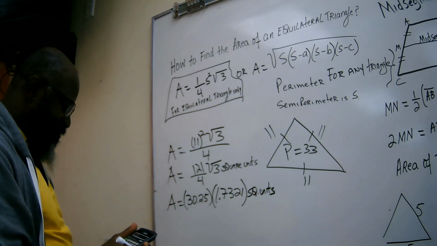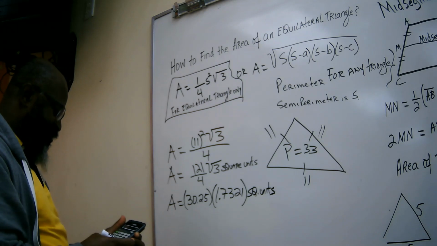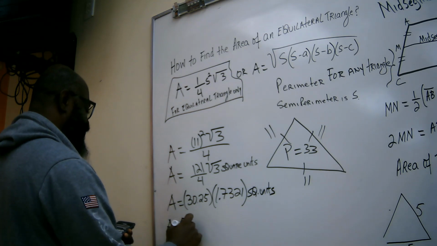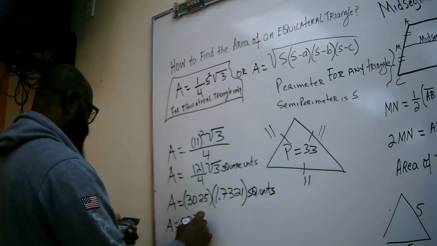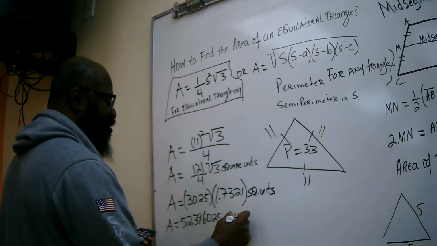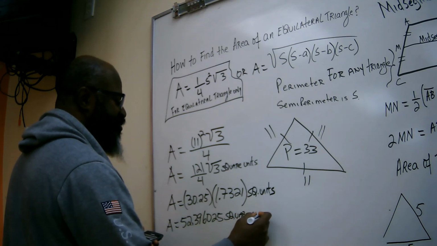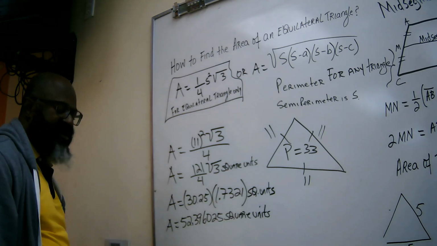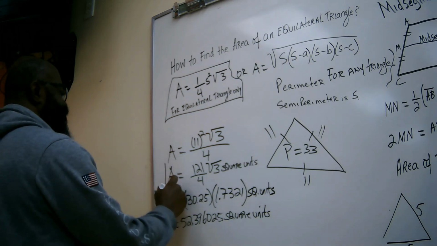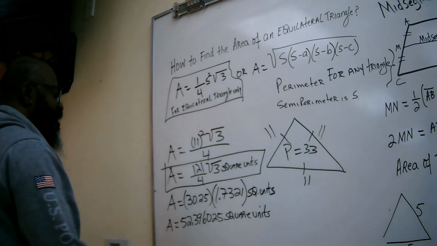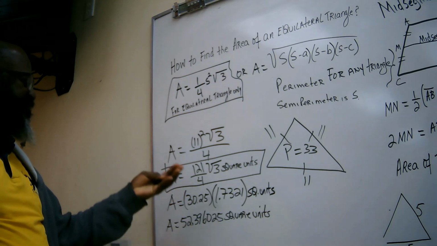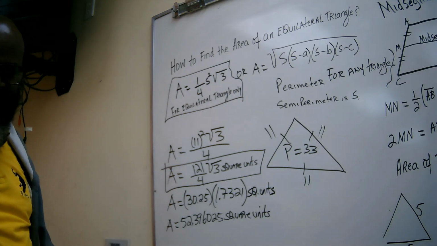Then we're going to multiply this by 1.7321. Then it's going to tell you the area is about 52.396025 square units. The reason we change that to decimal is just in case you are asked to evaluate that. Other than that, you should have stopped from here. This is your area. If they ask you to round to the nearest 100, nearest 1,000, that's how you have to change that to decimal.